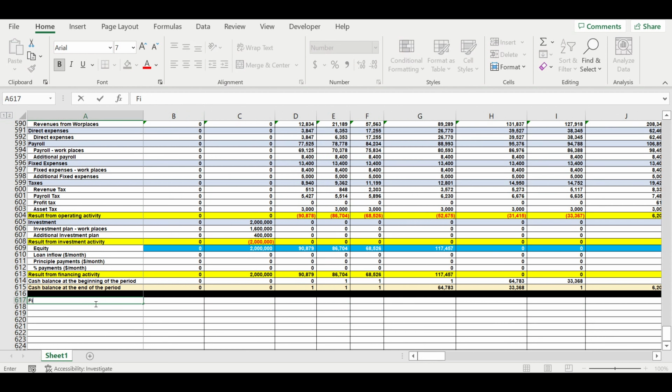Let's create a simple table. Financing needed. This will be type of financing. We will have equity, loan, total financing needed.